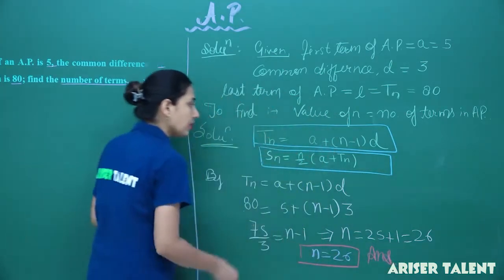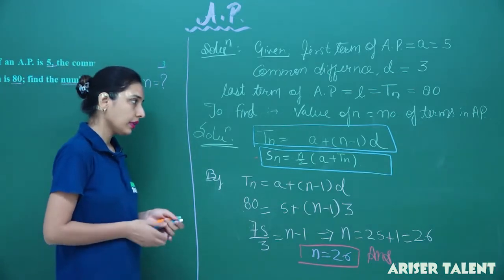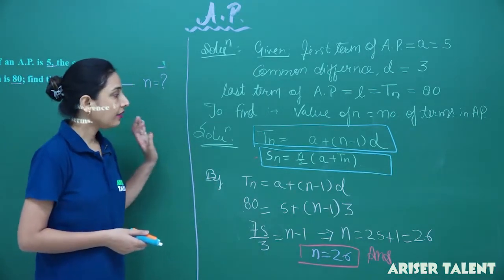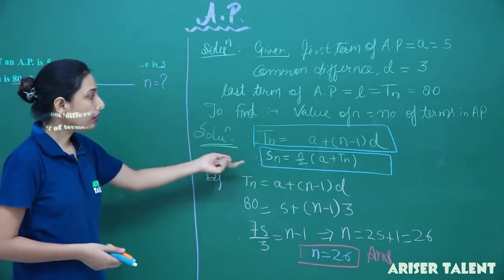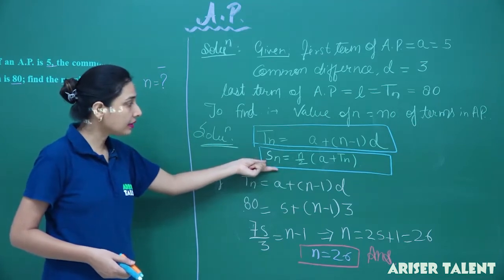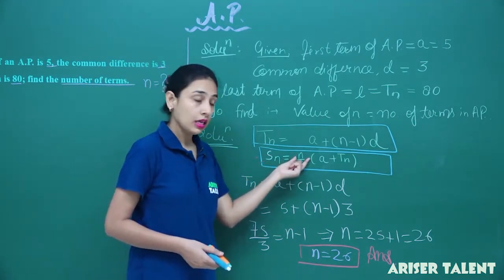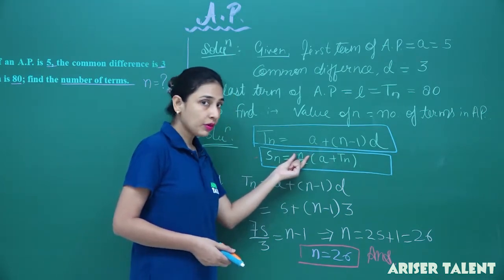Now, students, I have written this formula because in some particular questions you have to find the sum of terms. For finding the sum of terms, you have to find n, the number of terms.